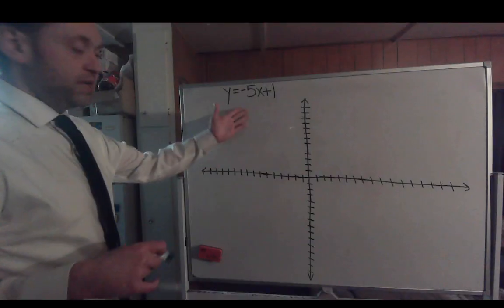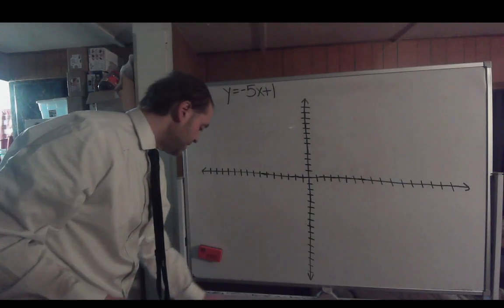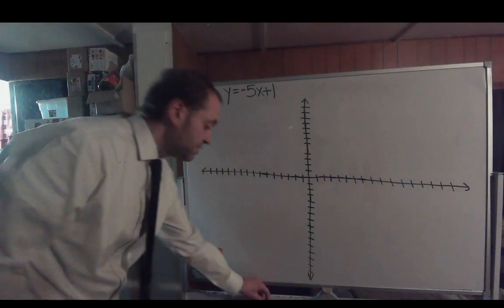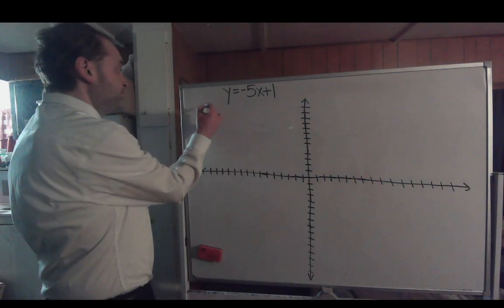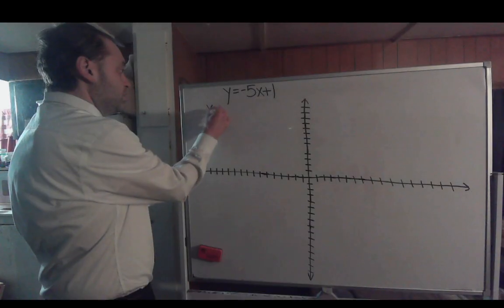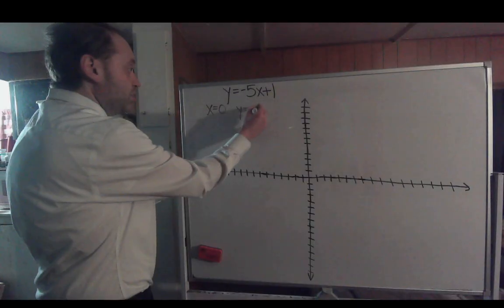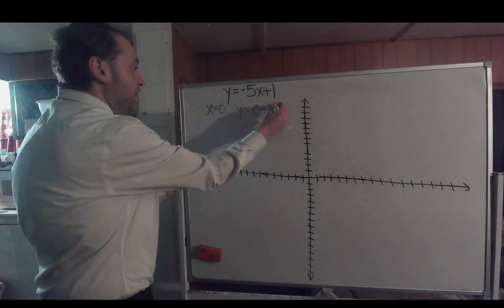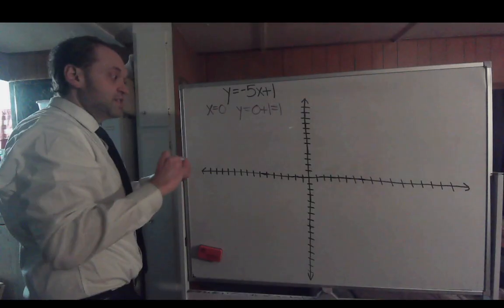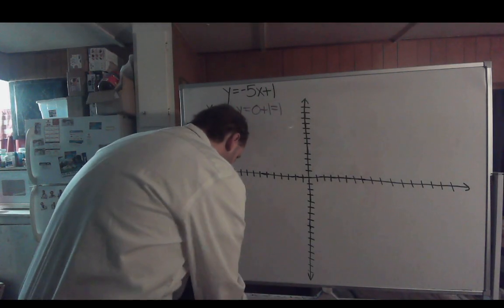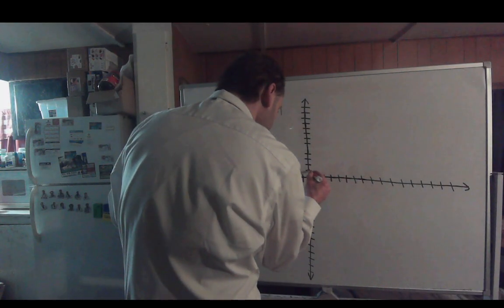Alright, so just pick a point, put it in there. What if we pick when x is 0? Well, that's completely fine. Let's put in 0. So if x is 0, that means y would equal negative 5 times 0 is 0 plus 1. That would give you a y value of 1. So you would definitely get the point (0, 1) on this graph.